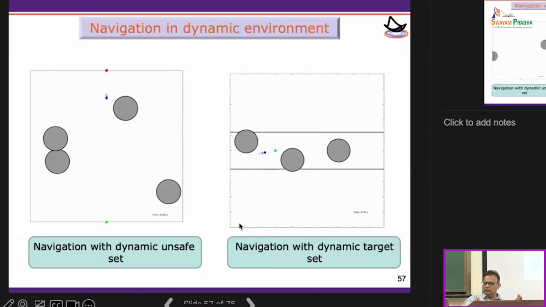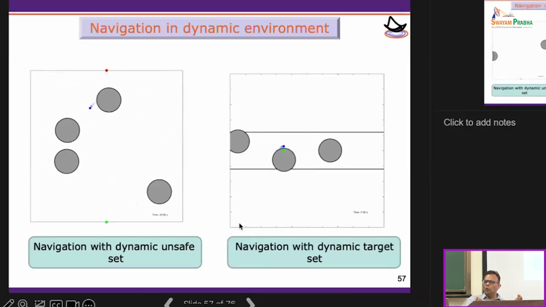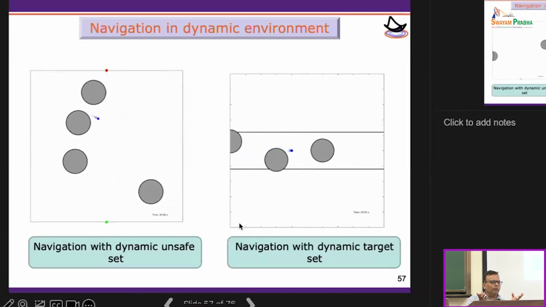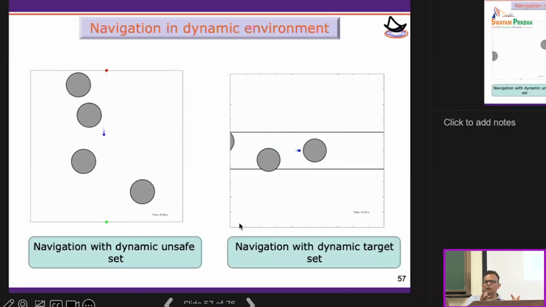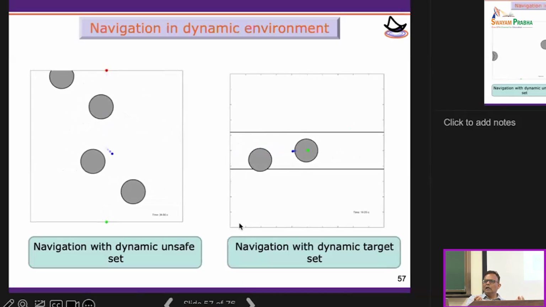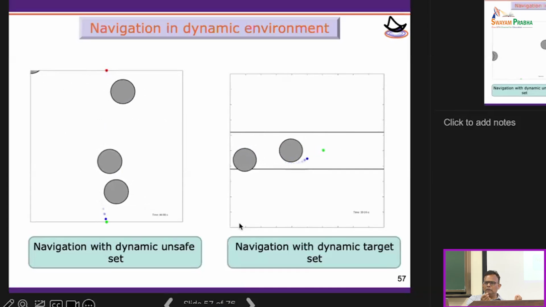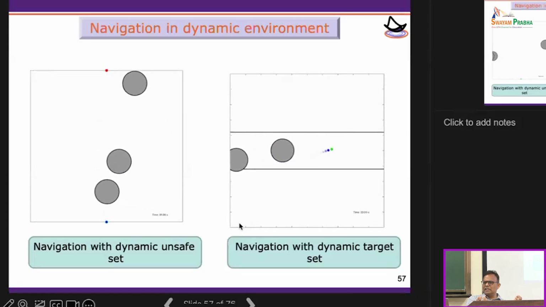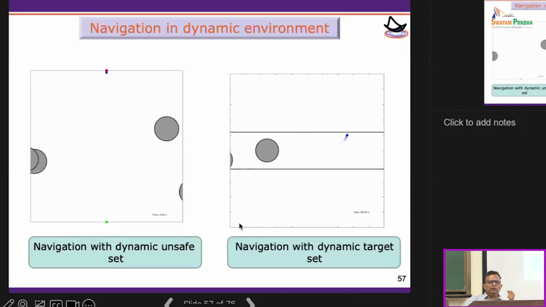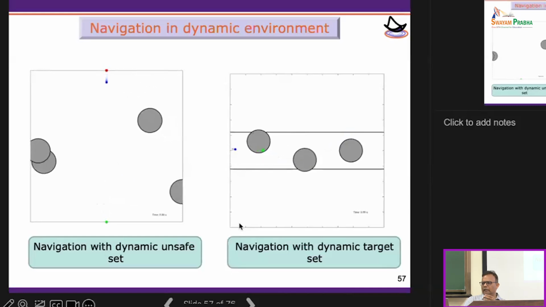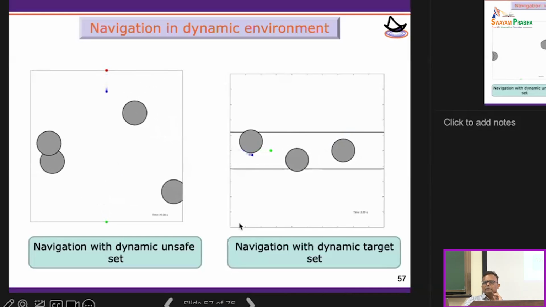The particular robot doesn't need to know the global information or continuous information about all the n minus one robots. As soon as any one of the n minus one robots enters into the sensing region, it can execute this feedback control strategy and avoid it. Make sense?